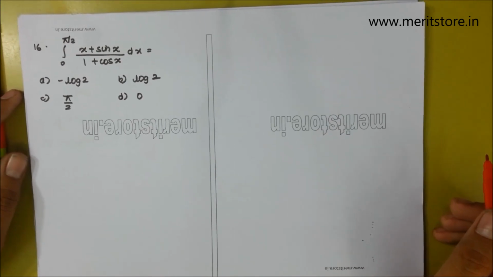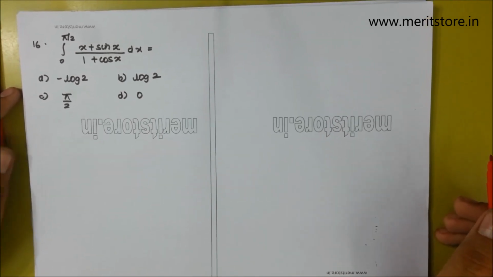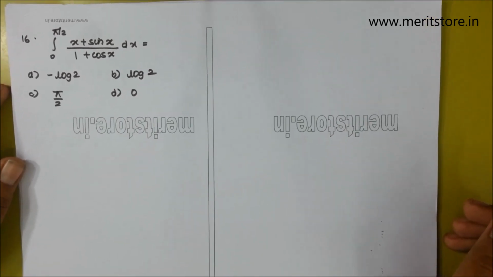Integral from 0 to pi by 2 of x plus sin x upon 1 plus cos x dx is equal to.